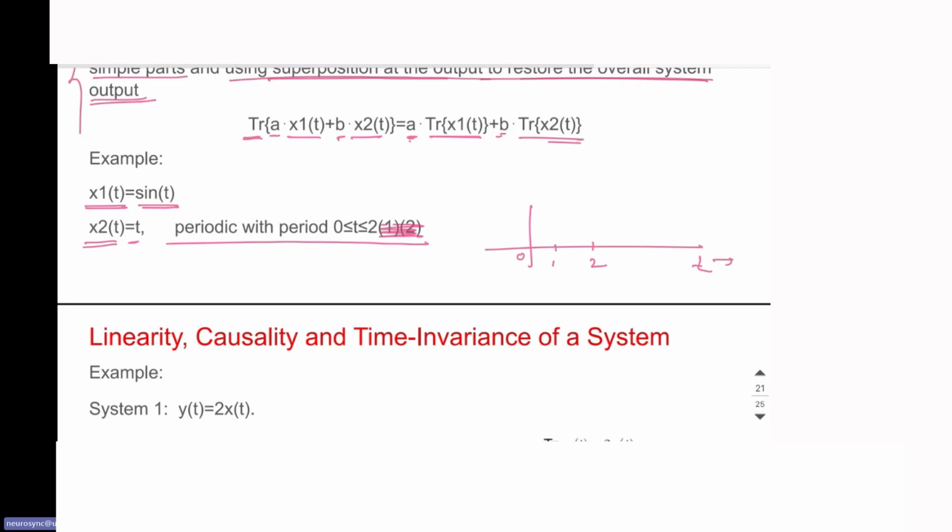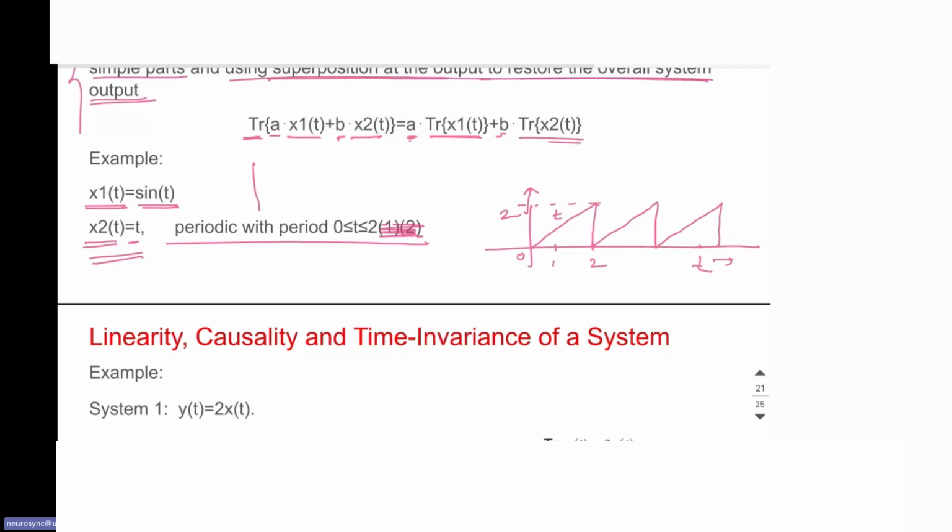If I say this varies with respect to t, then from 0 to 2 it is t, and this repeats periodically. Like this, we can plot this signal. This has an amplitude of 2 because t goes up to 2. So this is the repeating sequence.